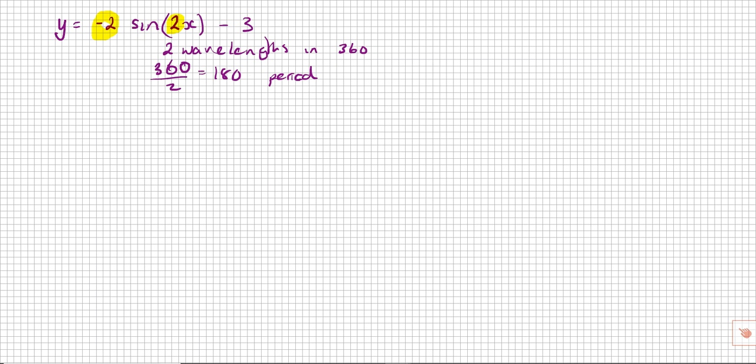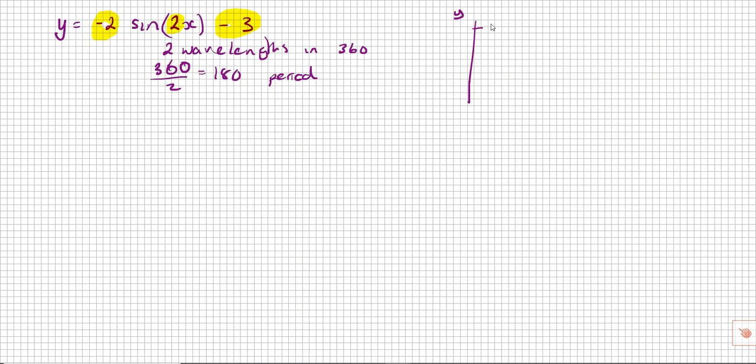Okay? What does the -3 tell me? Where it is on the y-axis, so really my starting point or my centre line. Now that guides me in how I draw it. So what I'm going to do first, before I actually do a proper sketch, I'm just going to do a little rough one, and I'm going to say, right, what on the y-axis will my maximum be? 1.